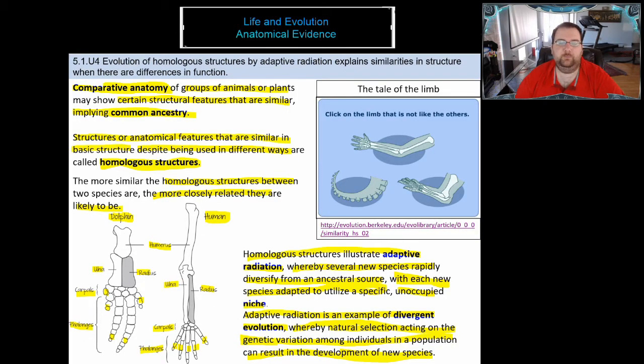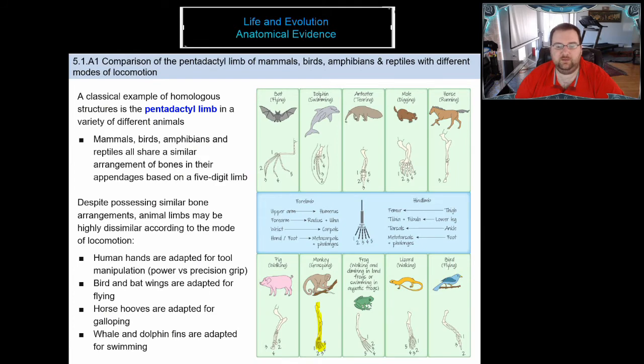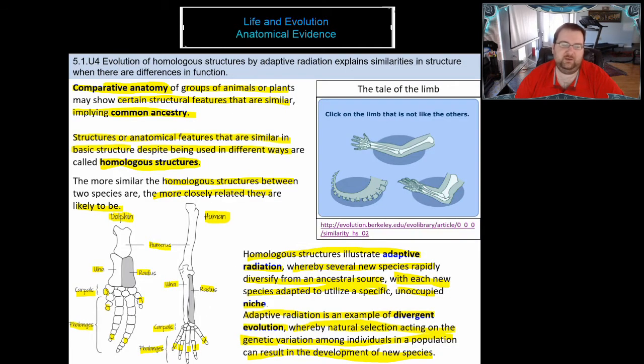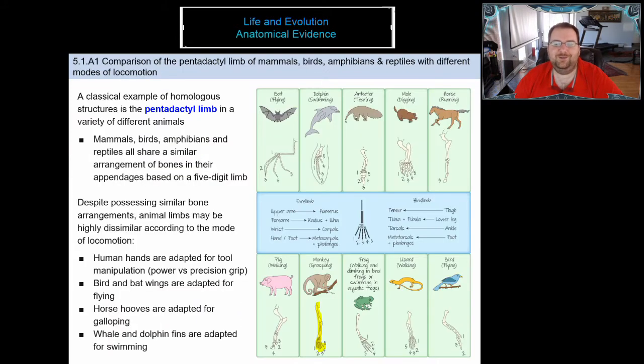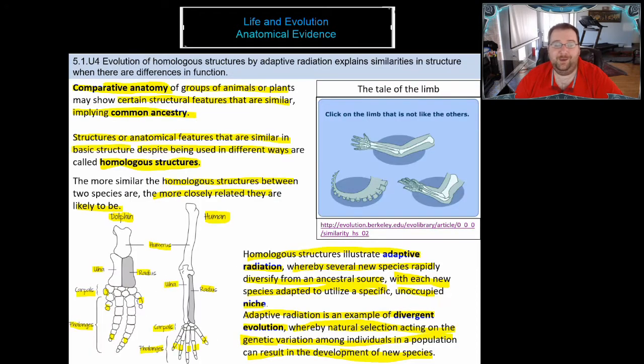Well, of course, they both have similarities, right? We can see the humerus, the ulna, the radius, the metacarpals, the carpals, and we can see that in dolphins too. But one is more similar to the other, right? Humans and chimpanzees have far more similarity than dolphins and humans. They're similar, but one's more similar. The more similar those homologous structures are, the more closely related they're likely to be. And I'm hoping that seems self-evident to you.